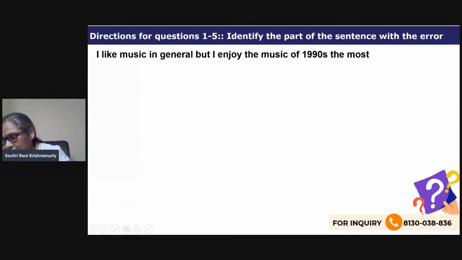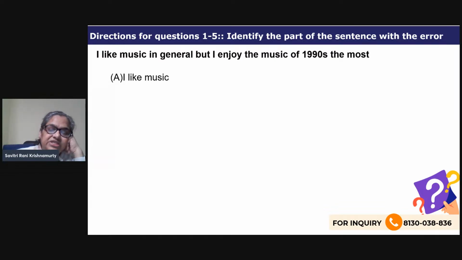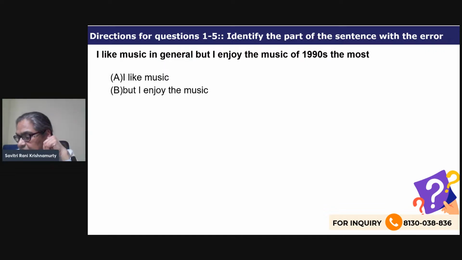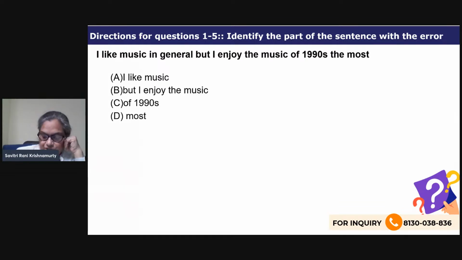All right, first question. Identify the part of the sentence with the error. I like music in general, but I enjoy the music of 1990s the most. A, I like music. B, I enjoy the music. C, of 1990s. D, the most.